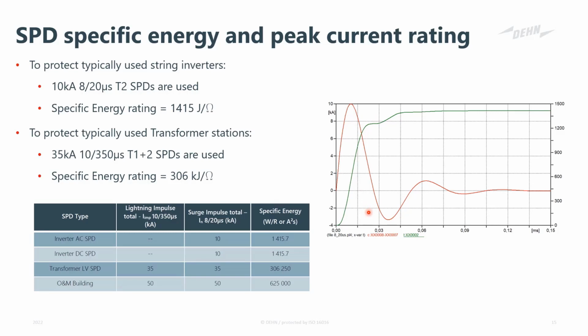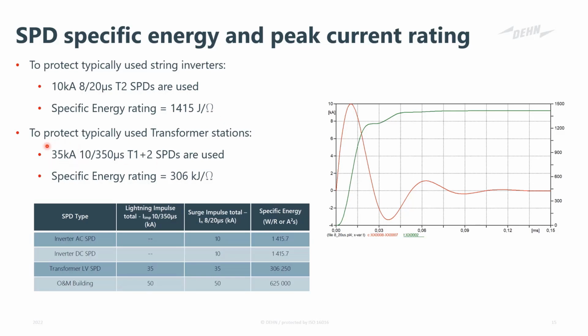The specific energy rating for a 10 kA type 2 SPD with a commonly used technology is 1415 joules per ohm, or 1415 amp squared seconds.